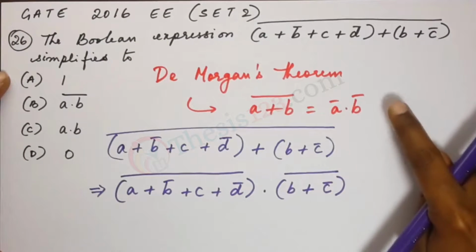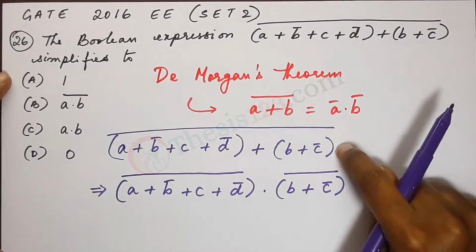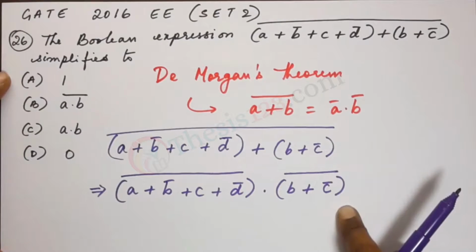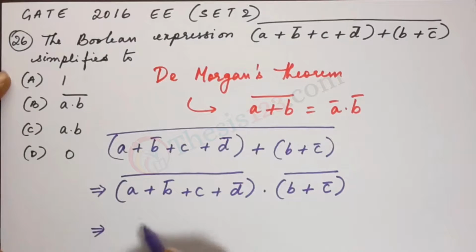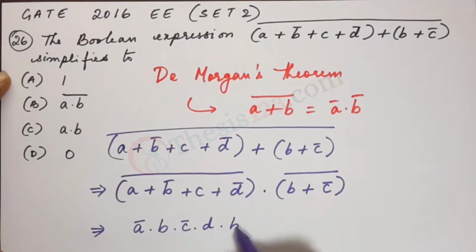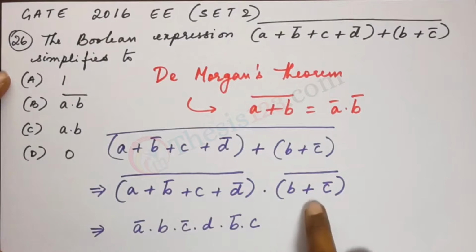Okay, so we have used De Morgan's theorem to write this into this expression here. Now this further can be written as A bar, B, C bar, D, B bar, C. Again, using De Morgan's theorem, we are splitting them into individual points using the same thing.